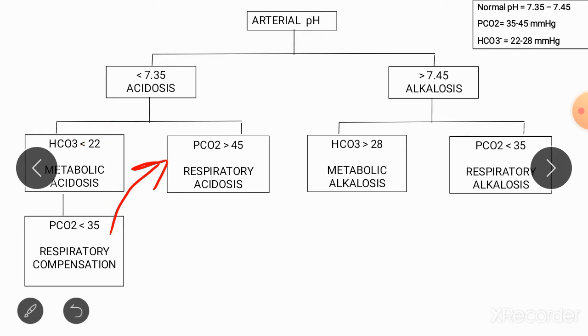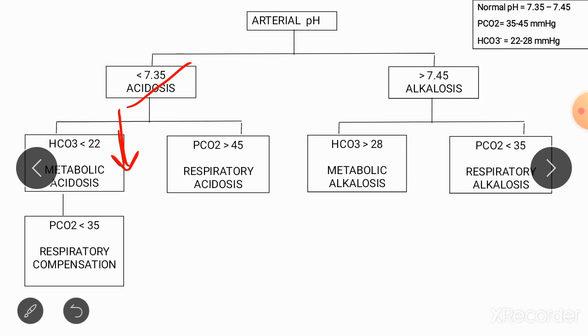With the help of respiratory compensation, we can blow off enough carbon dioxide to reduce carbonic acid in the blood to balance out the effects of metabolic acidosis. And how can you see if there is any compensation taking place or not? So when you have determined that the person is suffering from acidosis, and the acidosis is because of decreased bicarbs, then you have to look at the partial pressure of carbon dioxide.